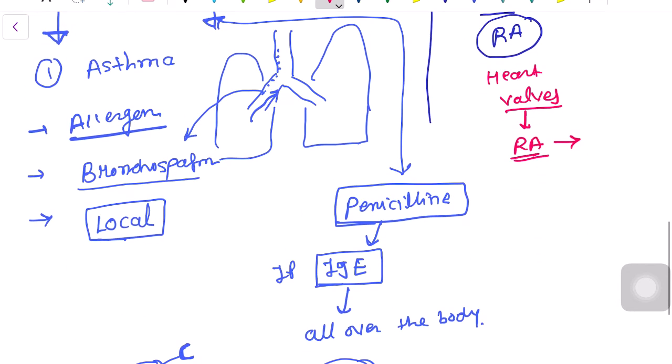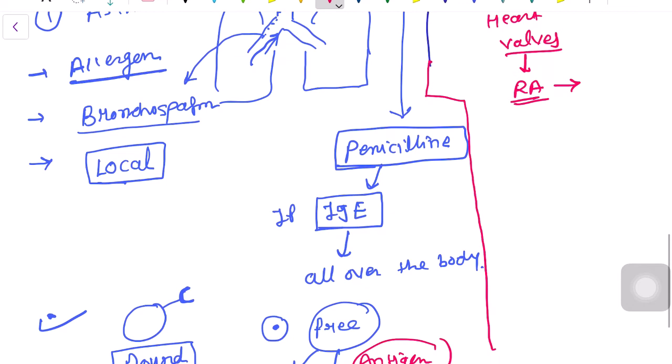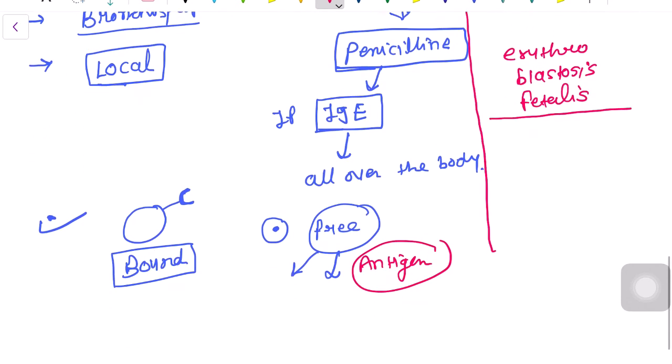Let's take another example of the type 2 hypersensitivity reaction: erythroblastosis fetalis, in which the mother is Rh negative and the baby is Rh positive.